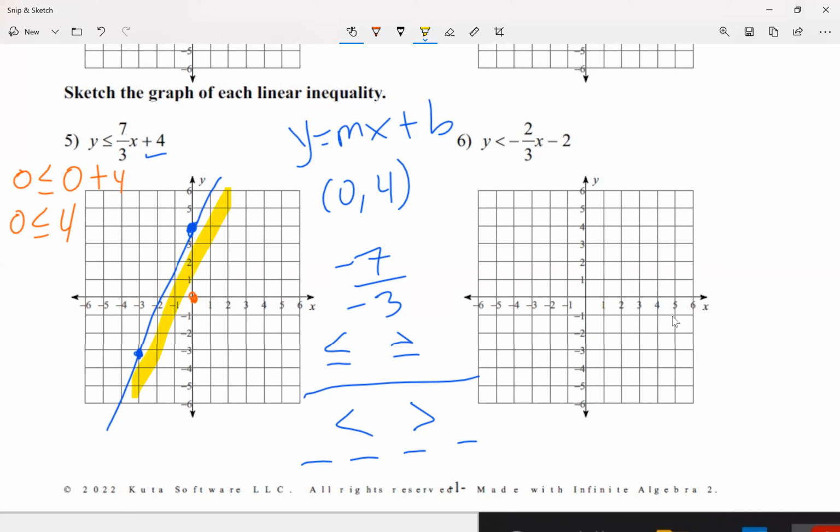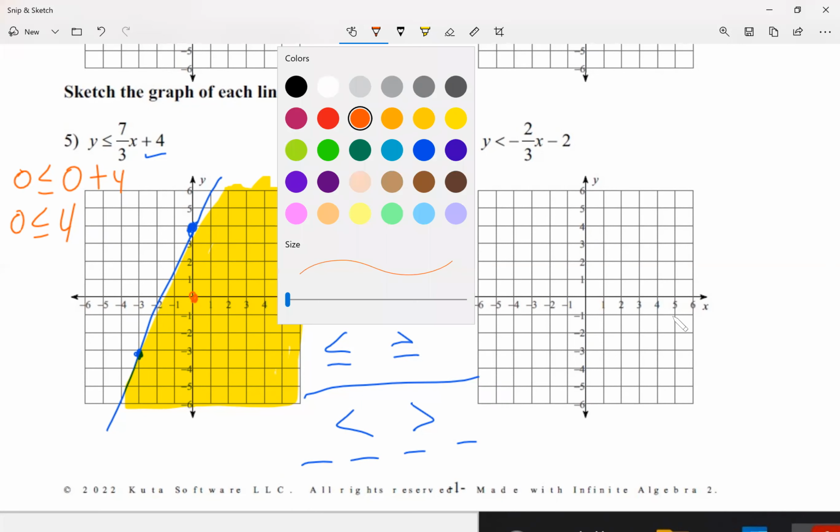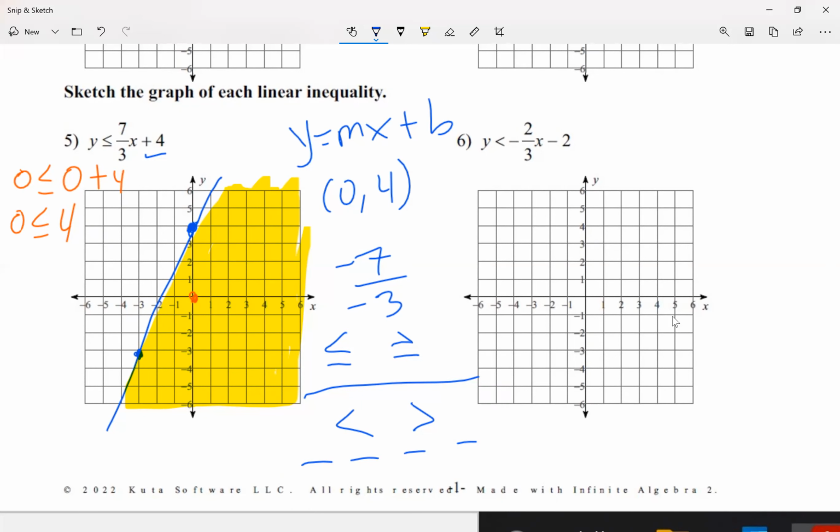So I'm going to shade this whole side because this whole side works. If I choose any point on this side, it will give me a true statement. If I choose any point from the other side, it doesn't work. As a matter of fact, let me show you how it looks when it doesn't work. Let's choose this point, (-6, 0).